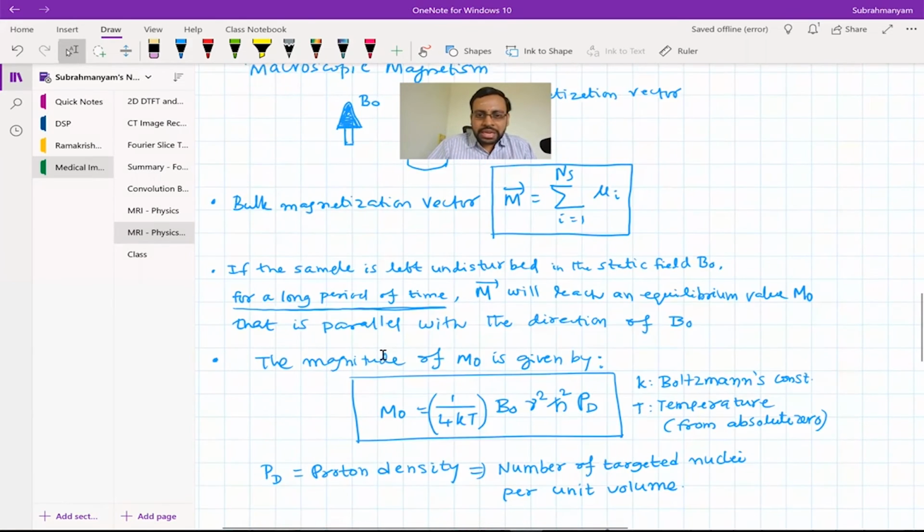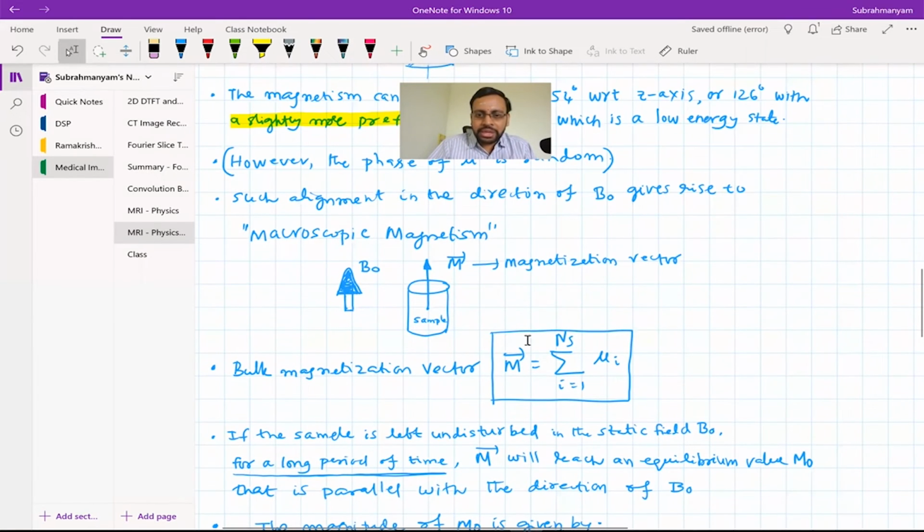Given that you have applied the B naught, make a note here, this is not only B naught that we apply. There is another magnetic field also that we are going to apply, the gradient magnetic fields.